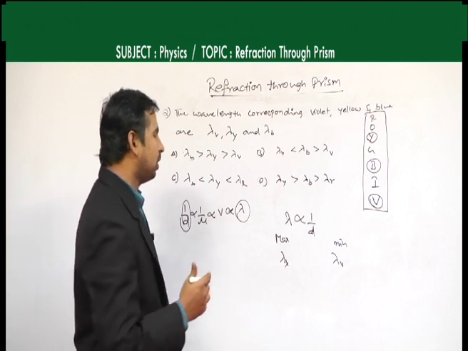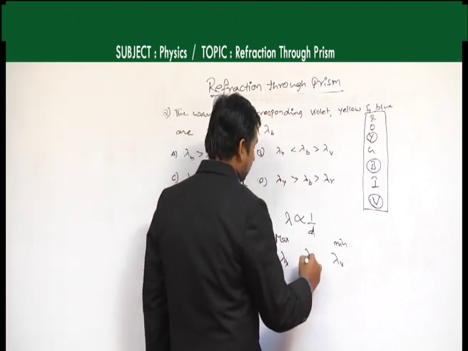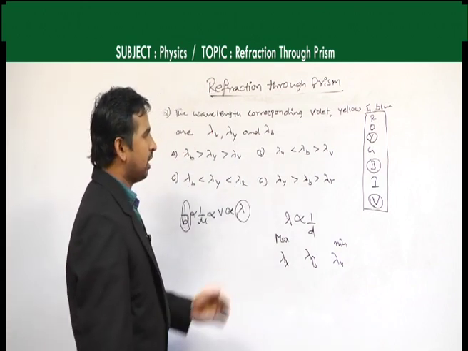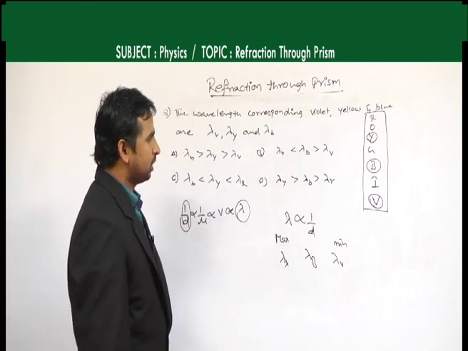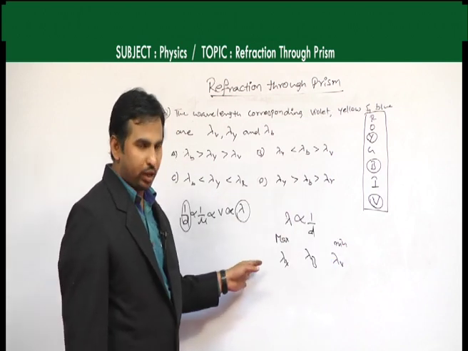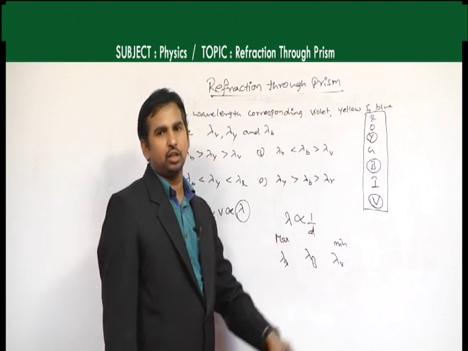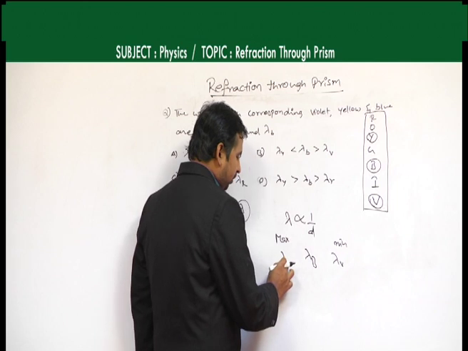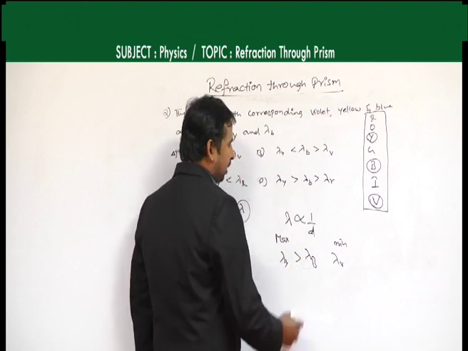Then in between we are having blue color, which comes after violet. So, minimum is for violet, maximum for yellow, and in between we are having blue color.